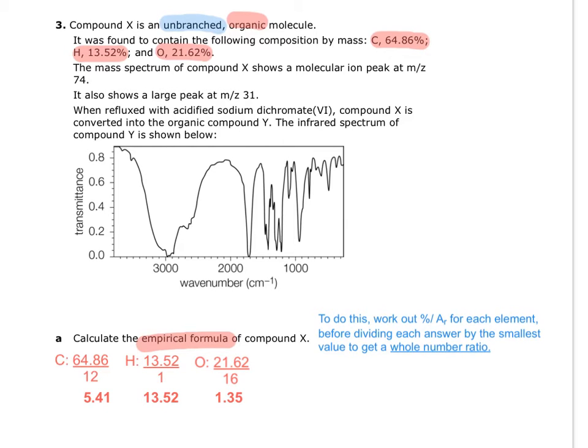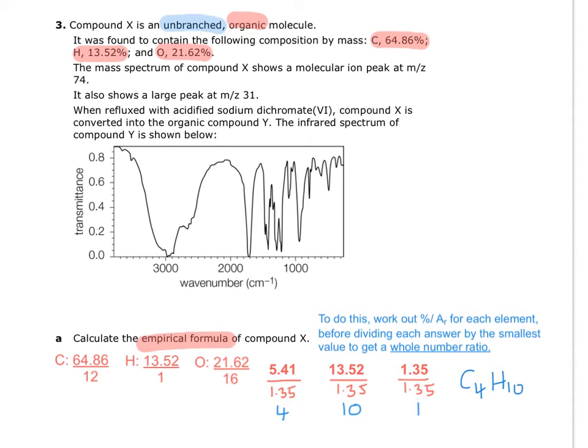So what you're going to do first is to divide each of these by the smallest. So to divide them by the smallest, you've got to work out which is the smallest. So the smallest is going to be 1.35. So if I move them over here and divide each by the smallest, those are the numbers that I get. So that obviously gives me C4H10O as my empirical formula.